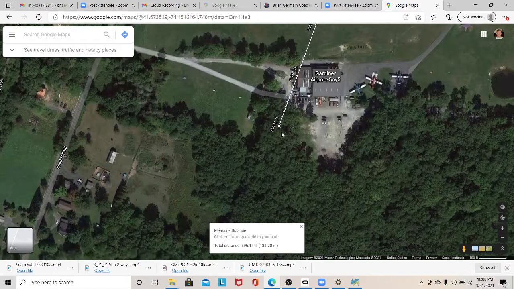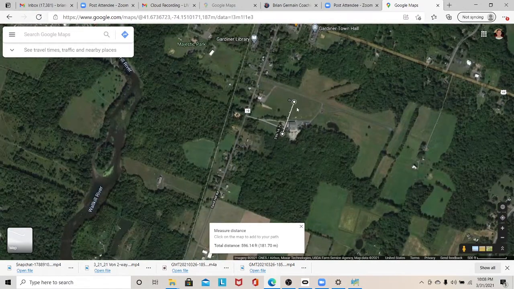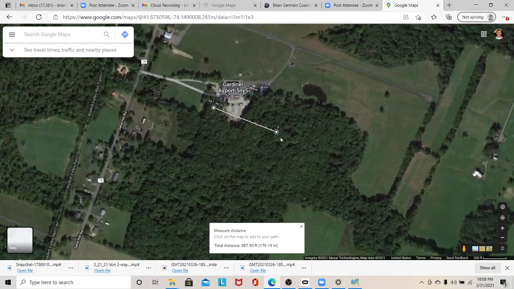Okay, so that's where I'm going to aim to be, a little bit right of the road as you're coming in. And that's the 900-foot mark. The 600 is going to be about here, more or less. No real reference point other than sort of being over the trees, but the base leg that I'm sort of aiming for is going to be something like that.